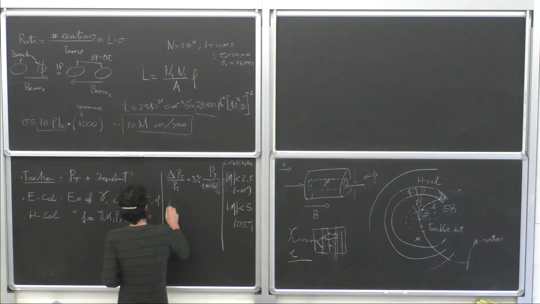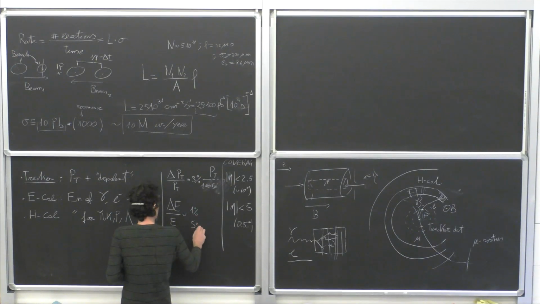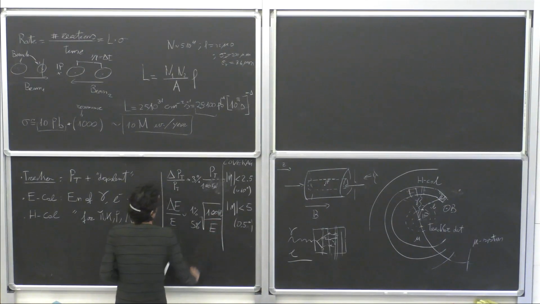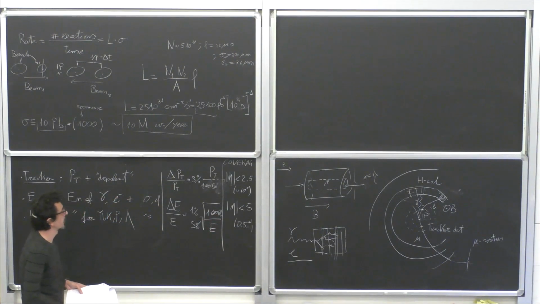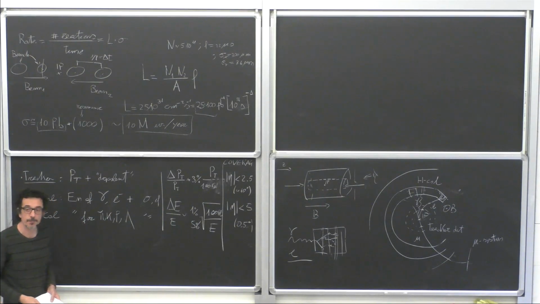In this case, the resolution, delta E over E, the resolution on the energy, you can estimate it as 1% or 5% for the electromagnetic or hadronic calorimeter, but they scale the opposite way, with the square root, in fact. So at 100 GeV, divided by square root of E. So the resolution becomes better the higher the energy.